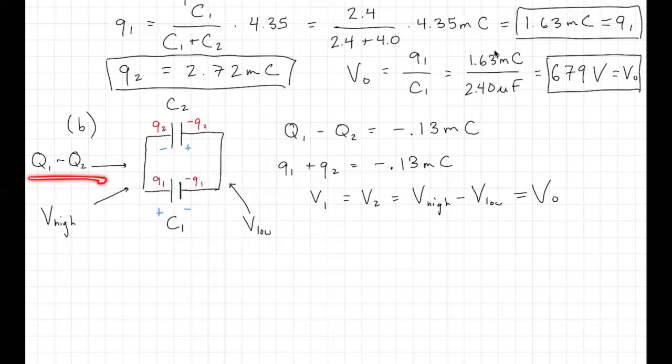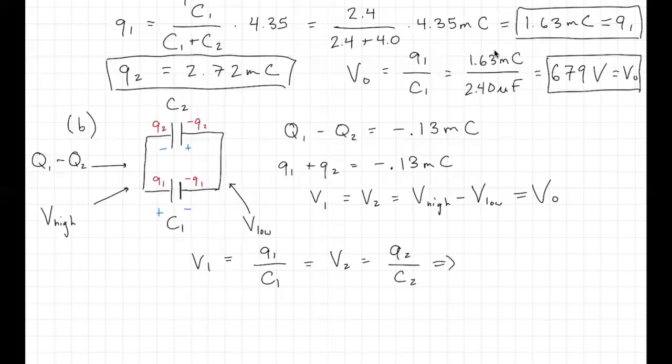So I should expect that the voltages should be a lot smaller because the magnitudes of charges on these capacitors are going to be a lot smaller. So let's see what happens. I'm going to do the same thing. I'm going to say that V1 is Q1 over C1 is equal to V2, which is equal to Q2 over C2.